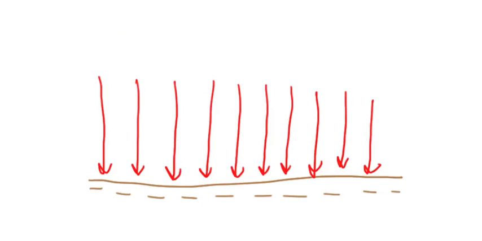Now, if we take some positive charge, say plus Q, put it here, the force on that charge will just be equal to the charge times the electric field at that point. And in this case, it would be a constant quantity anywhere. So it's very much analogous to gravitational fields.